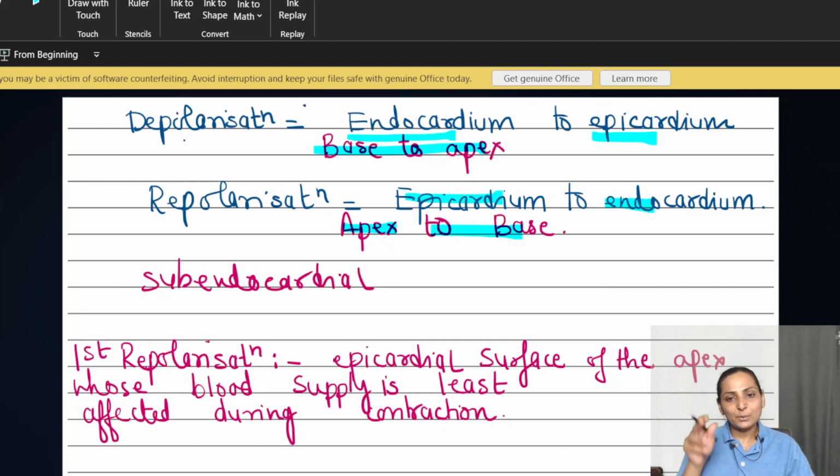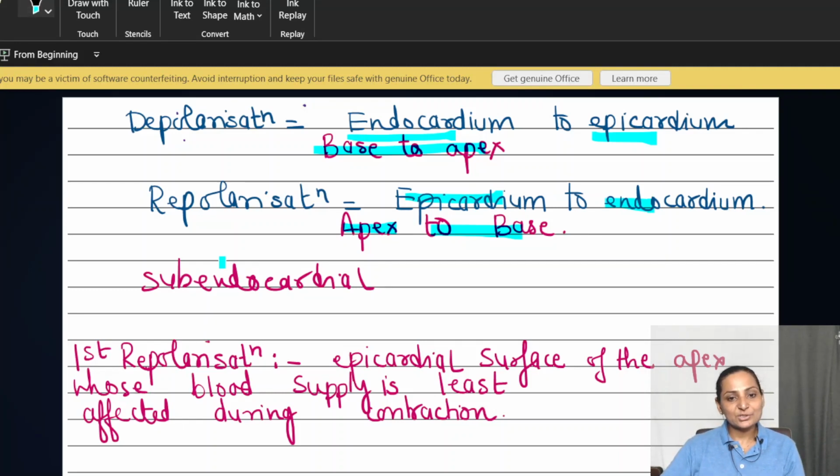There the blood vessels get compressed, so they are not receiving sufficient blood supply to initiate repolarization. Therefore, in the intact heart, when the heart is within the body, depolarization and repolarization are in different directions, right?